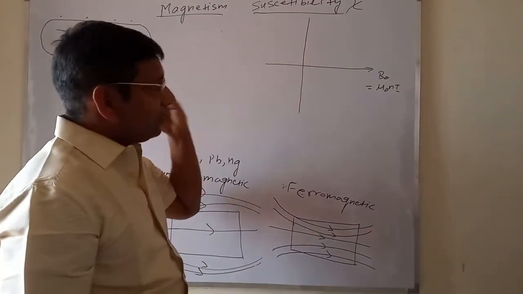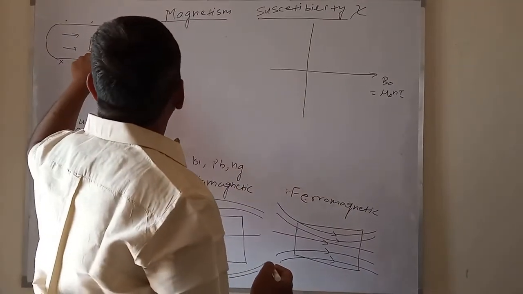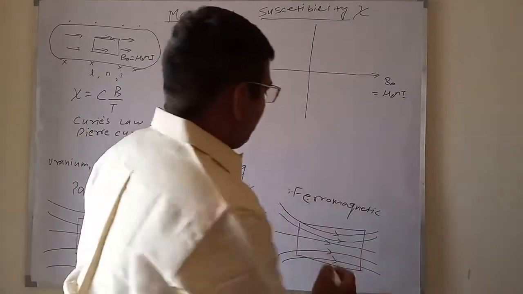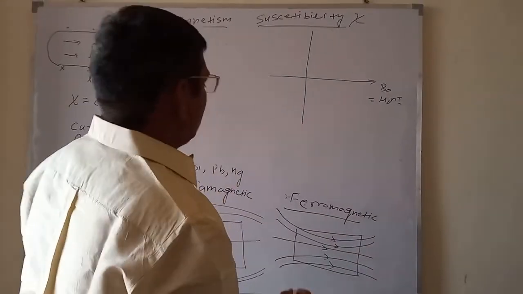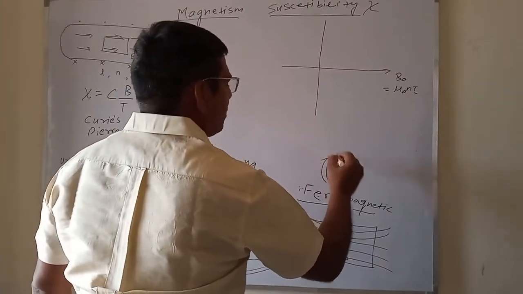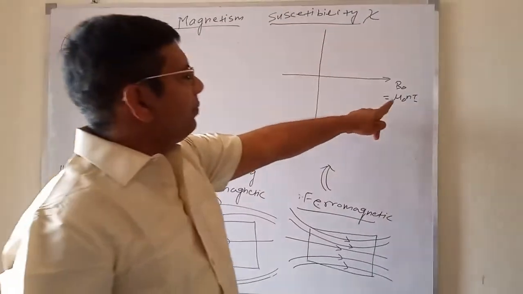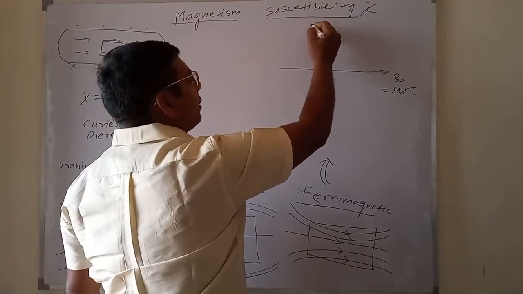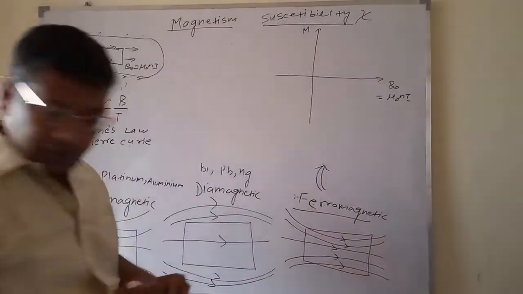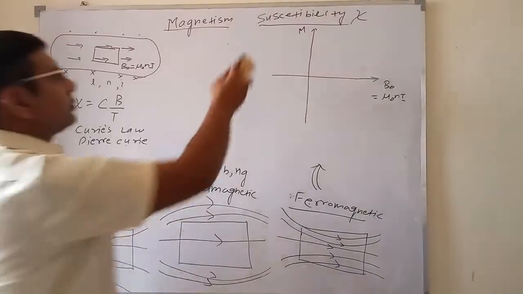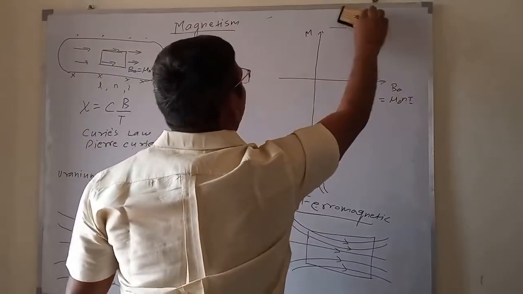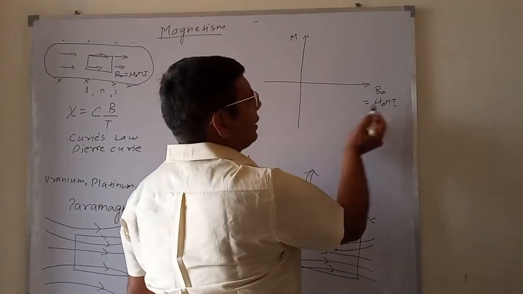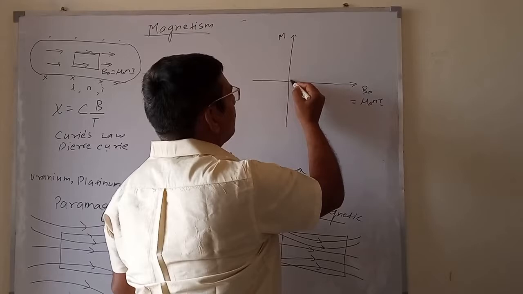In the case of a solenoid, we have a medium, and it is ferromagnetic material. So if we increase the current, how will the magnetization be affected? We will see that if we increase the current, it will go proportional.